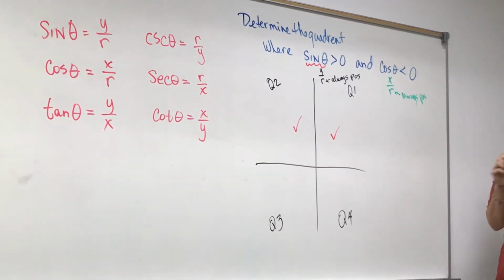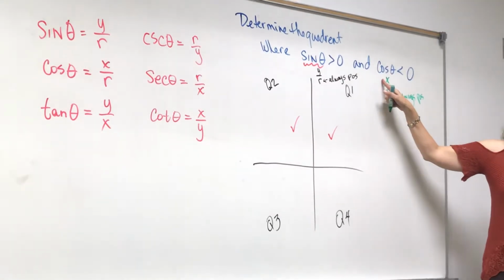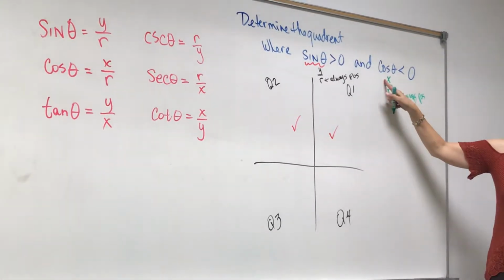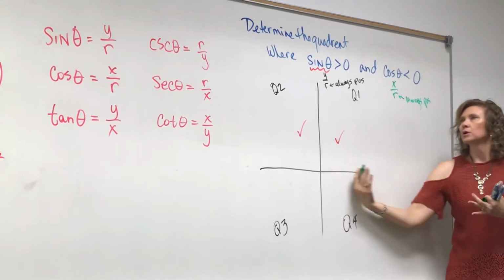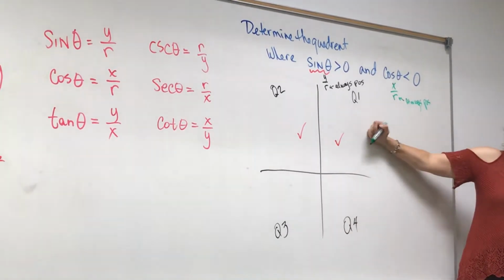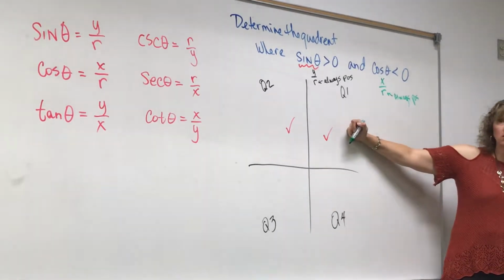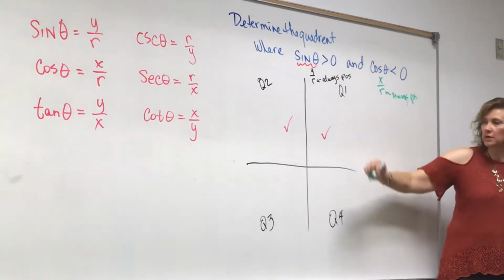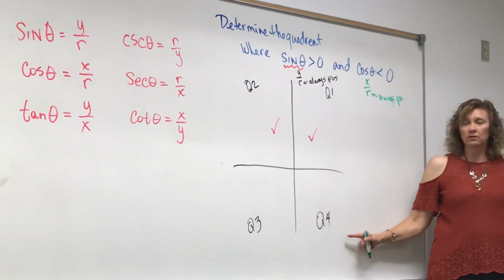However, what's going to make the ratio positive or negative is determined by the x value. So when x is positive, cosine will be positive. Cosine is positive in the first and in the fourth. Any first quadrant angle, the cosine of that angle is positive. Any fourth quadrant angle, like 300 degrees, the cosine of 300, I don't know what it is.